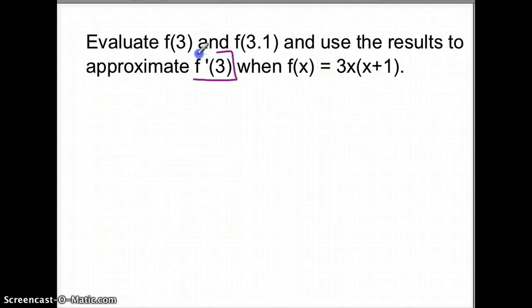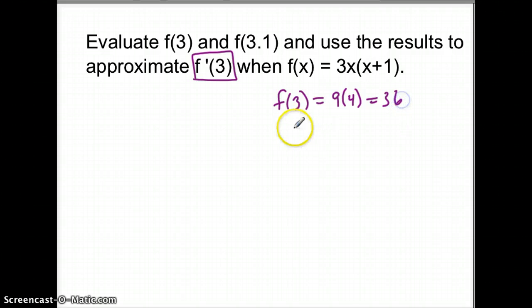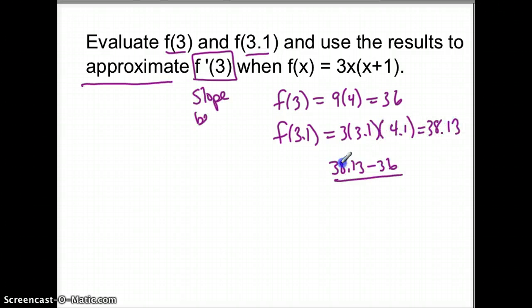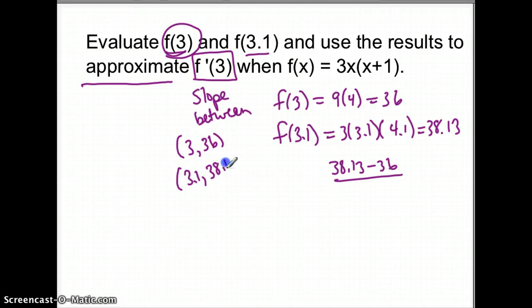All right, derivative. So remember, the derivative is like slope. So if I'm trying to find f of 3 and f of 3.1, first of all, I plug them in. So f of 3 is 9 times 4, which is 36. f of 3.1 is 38.13. So we're finding the slope between (3, 36), the first point we got, and (3.1, 38.13).